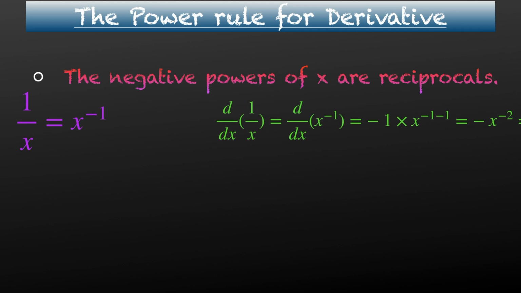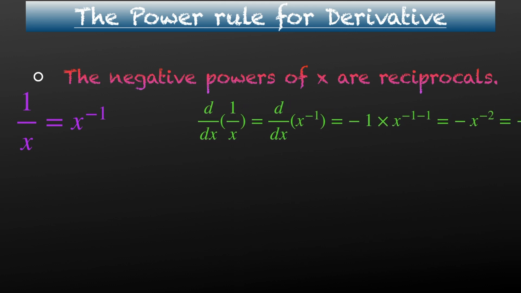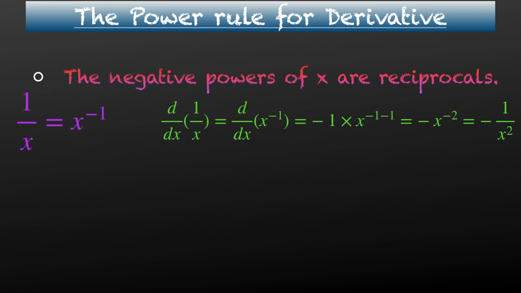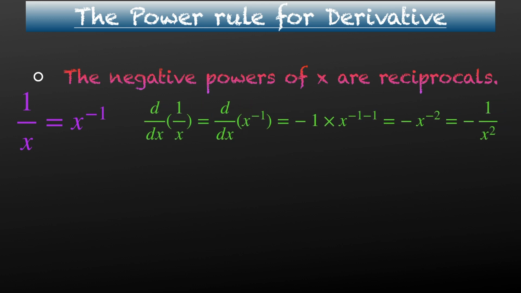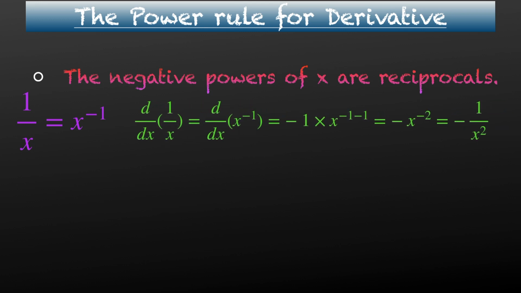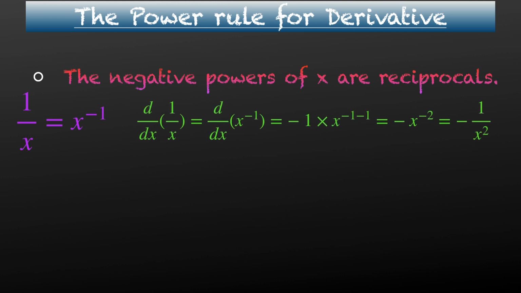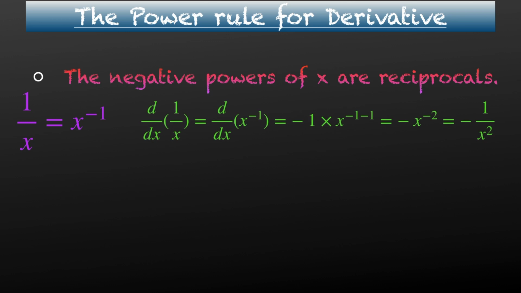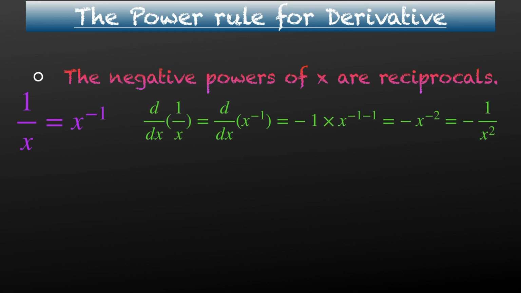Here by using the power rule, move minus 1 up front, multiply it with the variable x, and the power goes down by 1. You will get minus x raised to power minus 2. Now you simplify this expression. For this, bring x raised to power minus 2 to the bottom. You will get minus 1 over x square. So the derivative of 1 over x is minus 1 over x square.